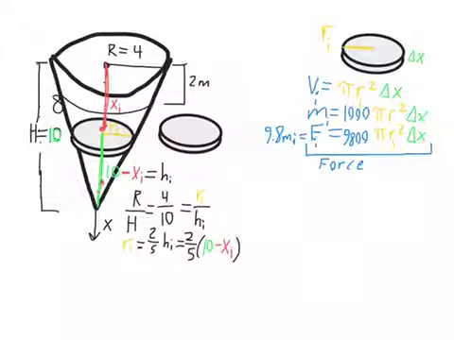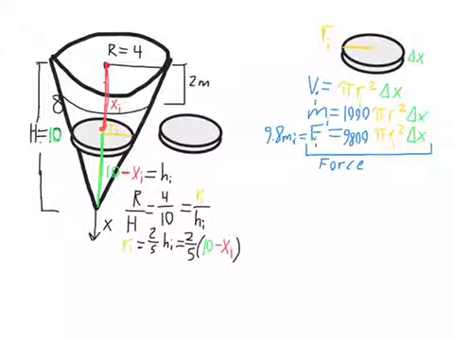And remember, we want to express this in terms of the distance that this disk will move upward when we remove it. And so to do that, let me say, alright, well, we want to move it to the top. How far down do we have to go to get to it?